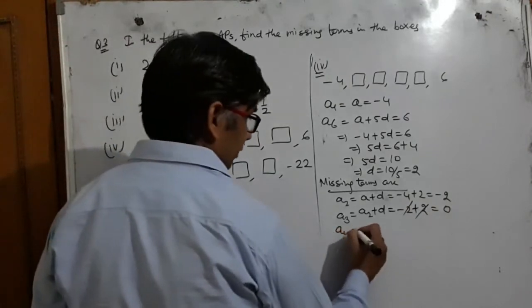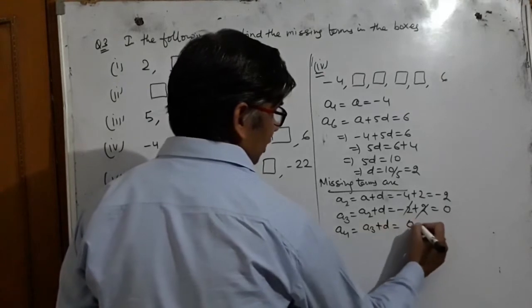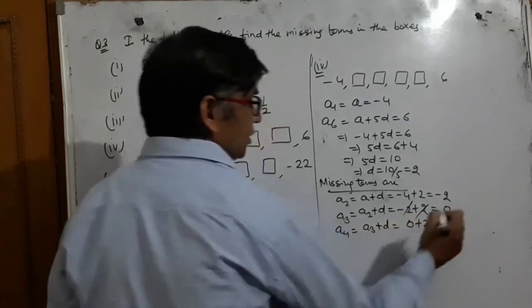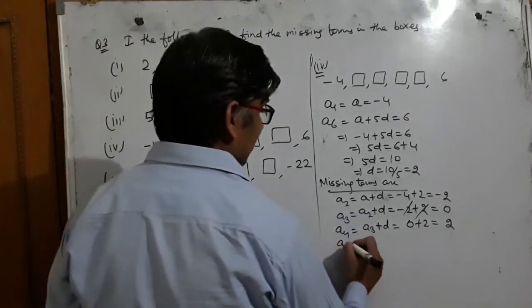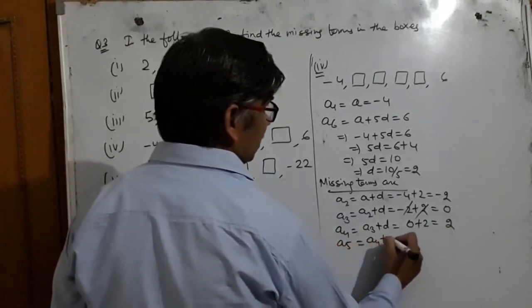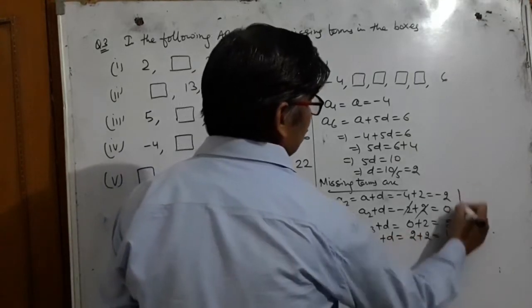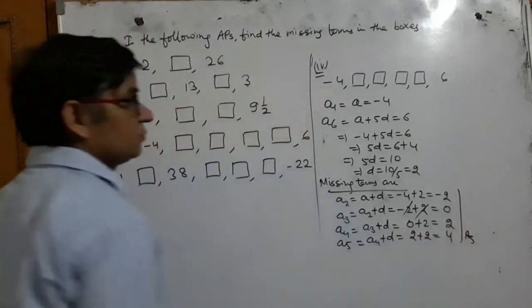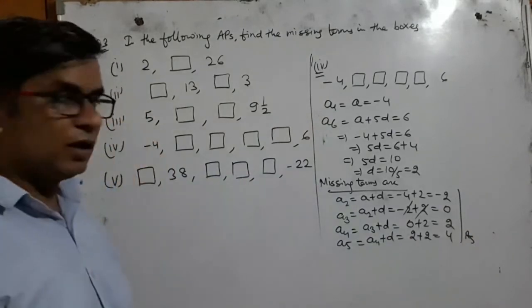A4 is A3 plus D. A3 is 0 and D is 2. 0 plus 2 is 2. A5 means A4 plus D. A4 is 2 and D is 2. 2 plus 2 is 4. I think that's clear.